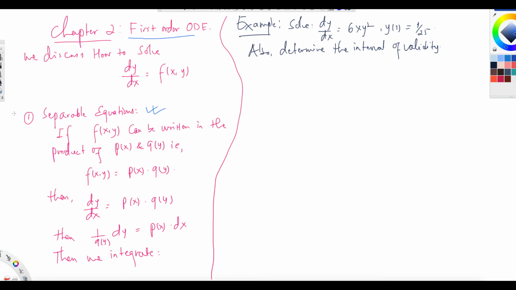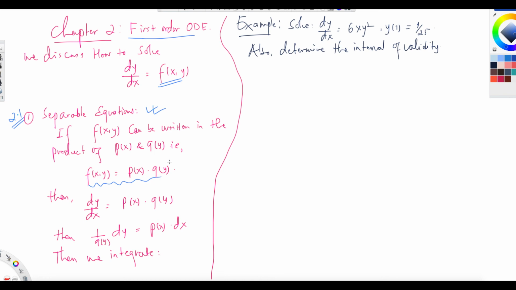Okay, the very first type of equation that we will try to solve is the separable equation, which is section 2.1, okay? So what do we mean by a separable equation? If f of x, y, or the right hand side of this differential equation, can be written in the product form of p(x) and q(y). What do we mean by p(x) and q(y)?